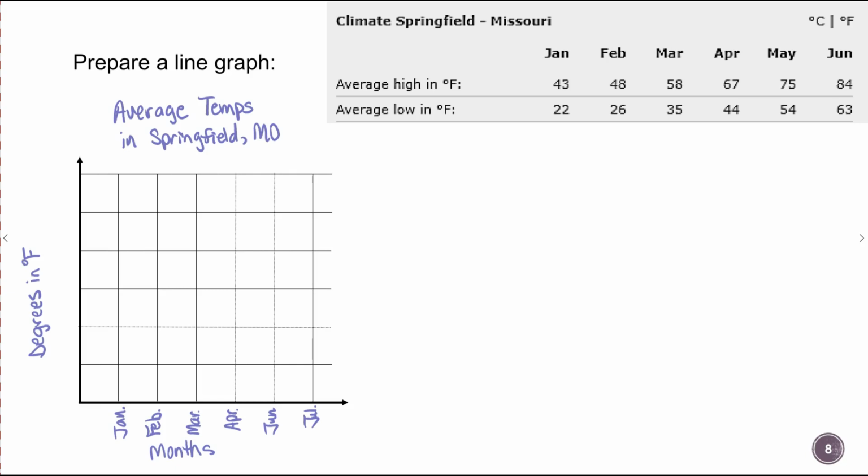That's probably overkill, degrees and then degrees. Well, anyway, we're going to go by 15s. So that means that this is going to be 0, 15, 30, 45, 60, 75, and 90. And then we're going to simply graph each one.